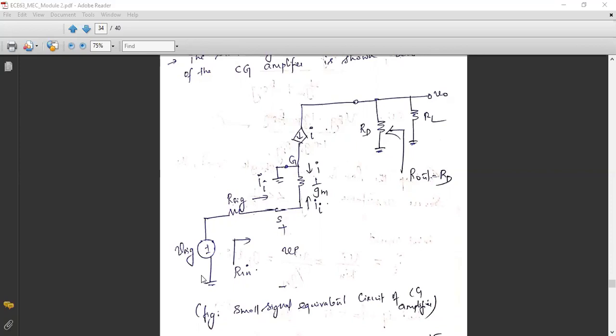That VI is in fact different from VSIG by a particular amount. So where is that remaining voltage gone? It is dropped across RSIG. So out of VSIG, a particular fraction of voltage has dropped across RSIG and the remaining voltage VI is represented across the source.